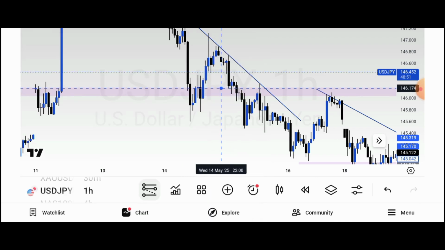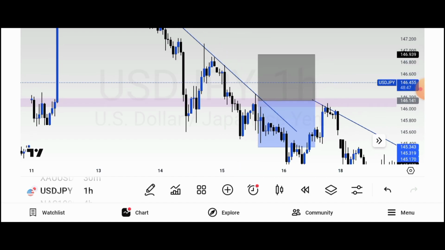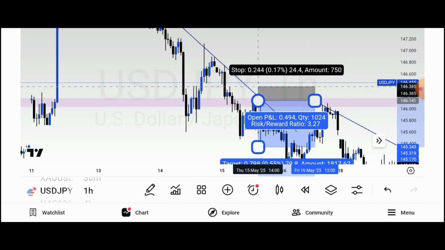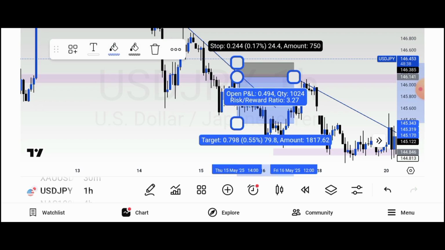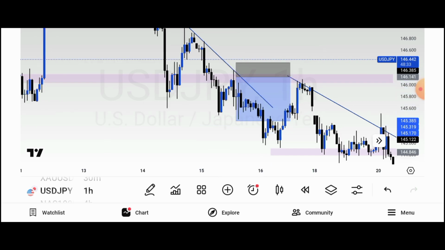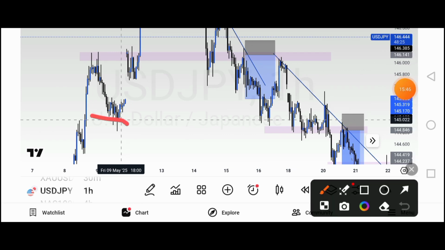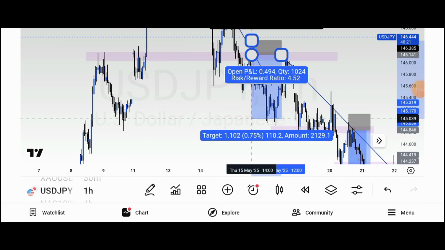So when you short from around that support and resistance key level, keep your stop loss a little bit above the key level and the trend line, since that's a combination. And I would drag my TP all the way down around this level here.